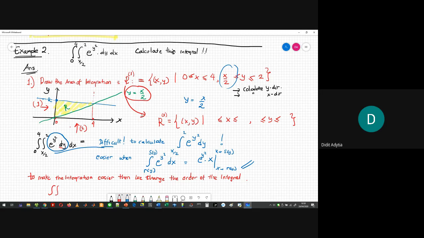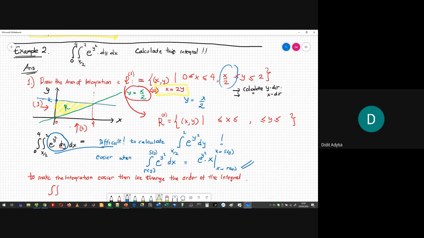Y is X over 2 atau kita bisa tulis sebagai X adalah 2Y. Okay. Then we have this one. Jadi kita bedakan berarti X-nya dari berapa ke berapa?